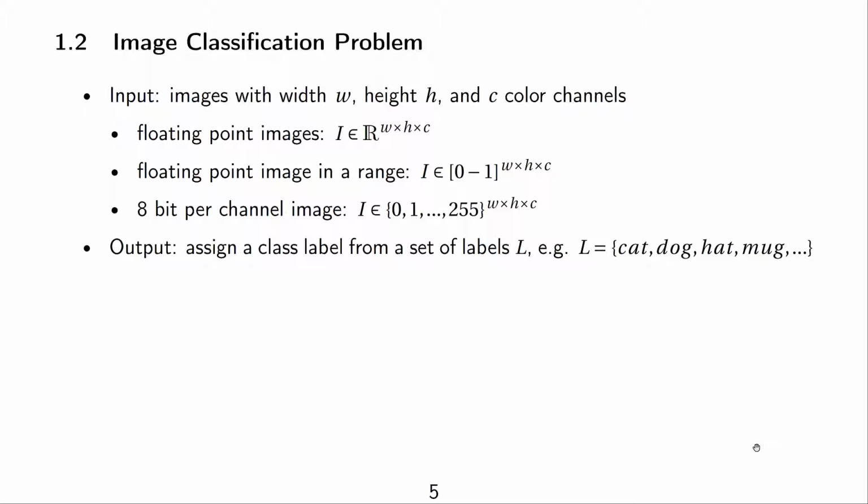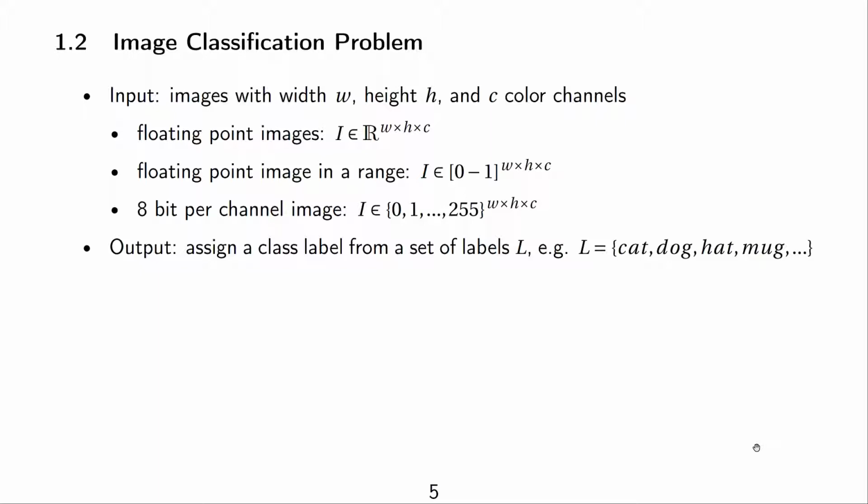So you could say that a floating point image I is an element of R to the power of W cross H cross C. If W is 1000, the height is 1000, and there are 3 color channels, then we would have 3 million values.